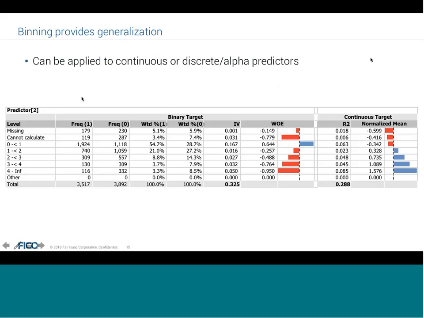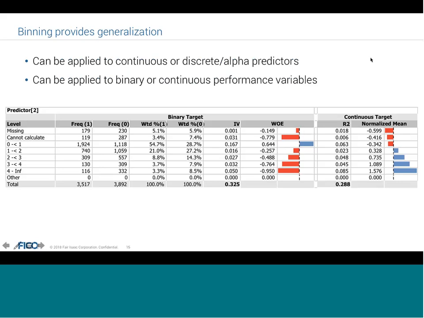So we can also easily supply a classer with an alpha predictor where each individual unique value will be placed in its own bin. From there, using your domain expertise, you may decide that certain values do or do not belong together, especially that would be provided by you if there's not really any ordinality in your discrete predictor.